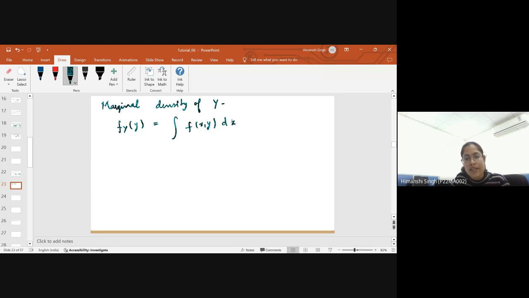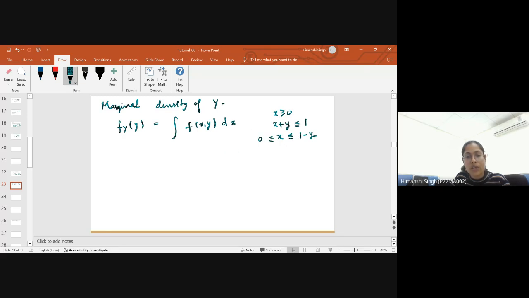Now where is x ranging? We have x greater than or equal to 0 and x + y less than or equal to 1, so x is less than or equal to 1 - y.